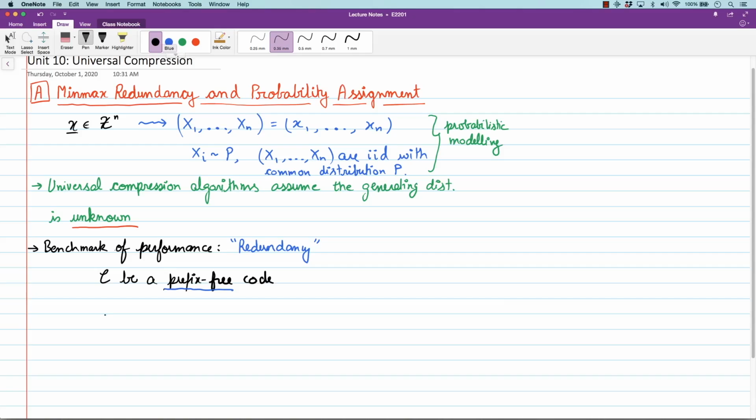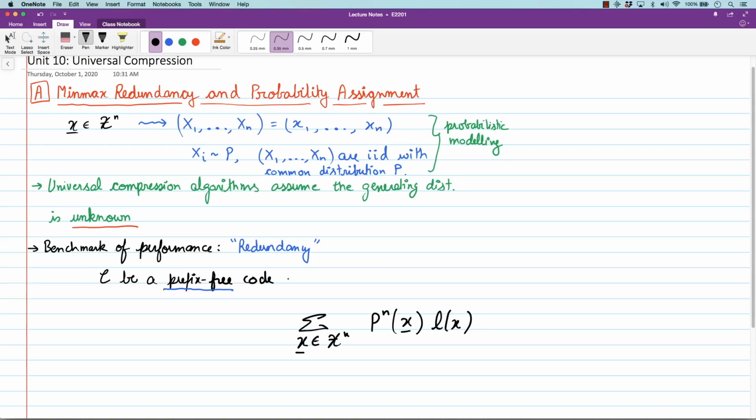And you can always compute the average length for this code under a distribution P, although it's not known to you, but there is an average length. So you look at all sequences x of length n. You look at the probability of that sequence, since it's an IID distribution, that is P^n(x), and let L(x) be the length that your prefix free code assigns to the sequence.